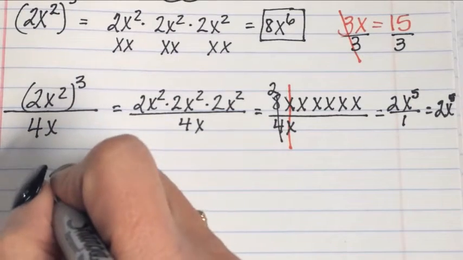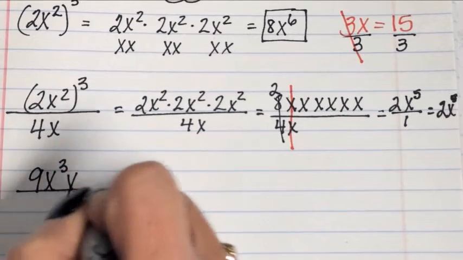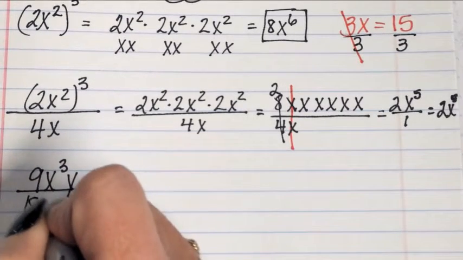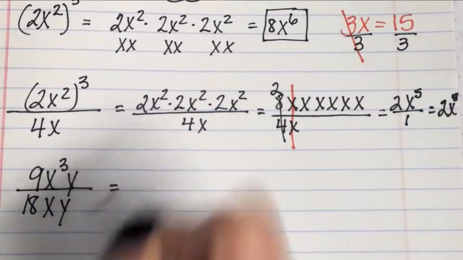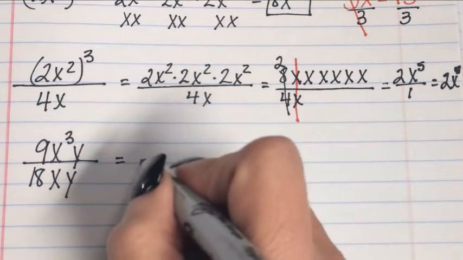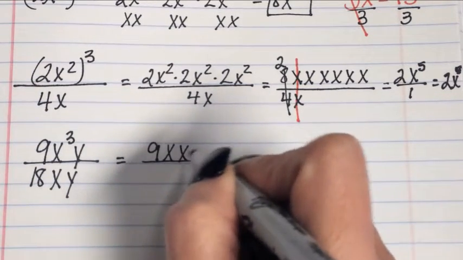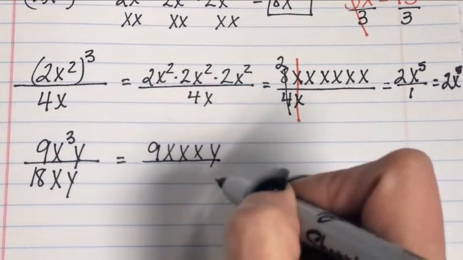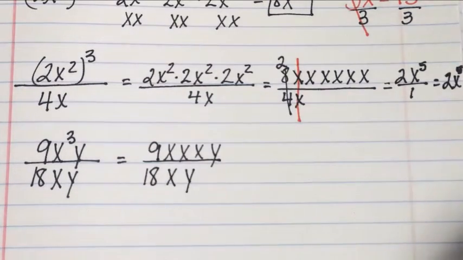Let's try this one. Let's try 9x to the 3rd y over 18xy. What does that equal? Well, let's expand it out. 9, 1, 2, 3 x's, and a y. 18, x and y.